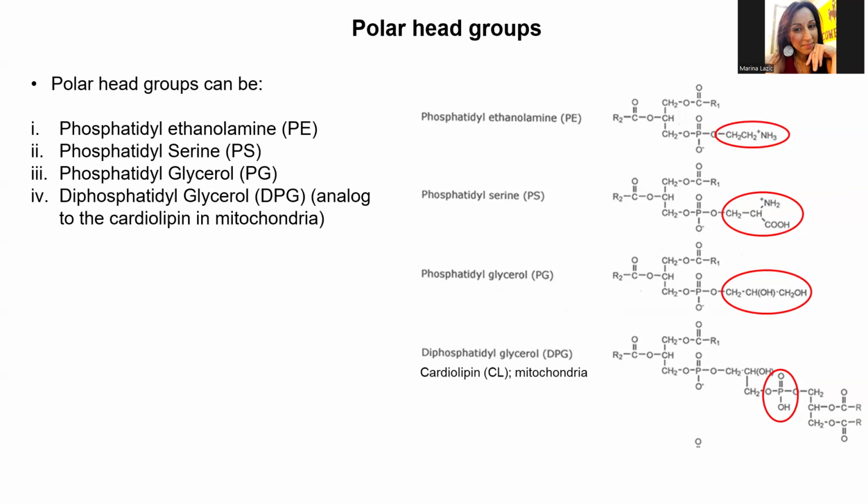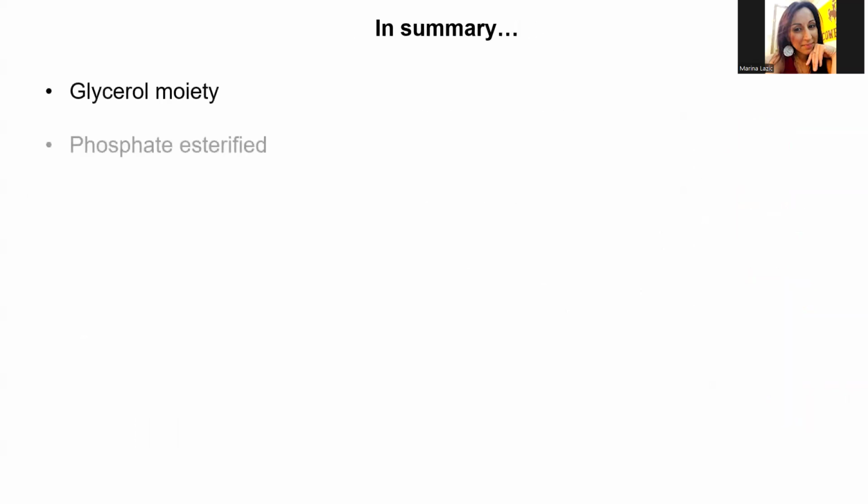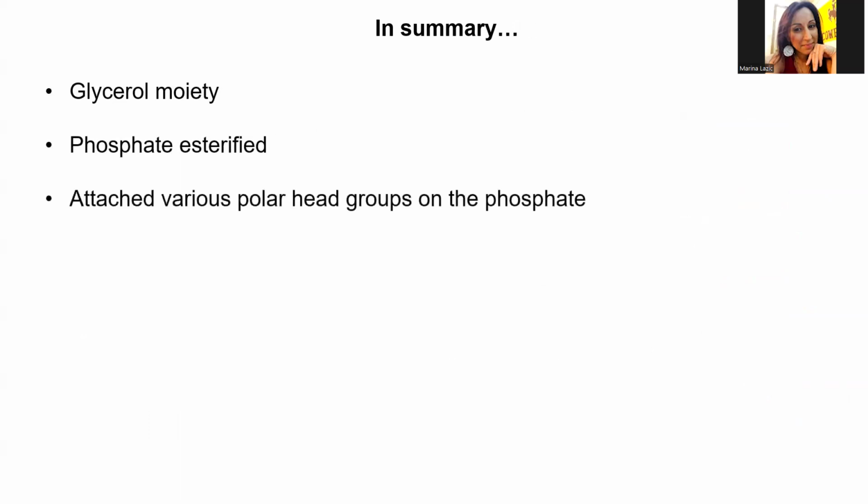More important is that these are polar, hydrophilic components, and they affect how the lipid interacts with its environment, because those heads are exposed to the internal and the external environment.